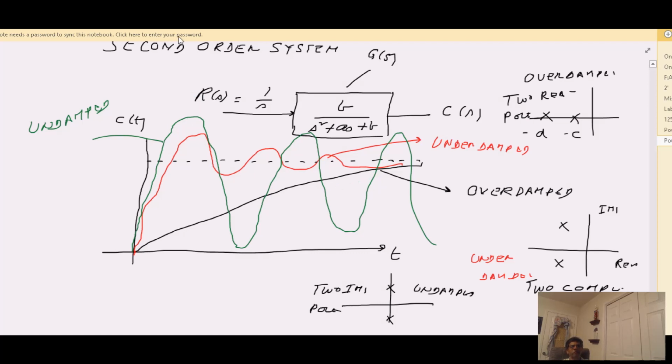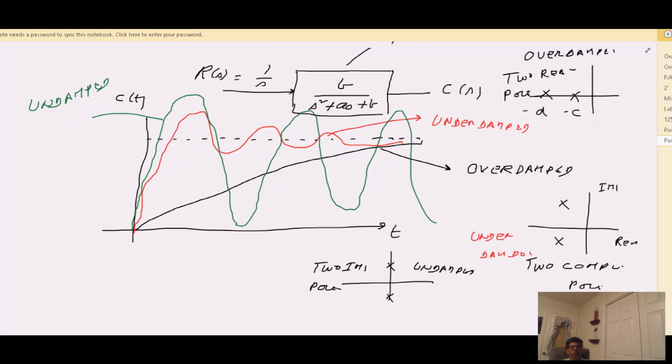Now there is one more system that we are going to look at, which is critically damped. It's critically damped when you have two poles at the same location, two real poles. So this is called critically damped. This is what we really want, right? Critically damped, and you will see, which color do I want to use?